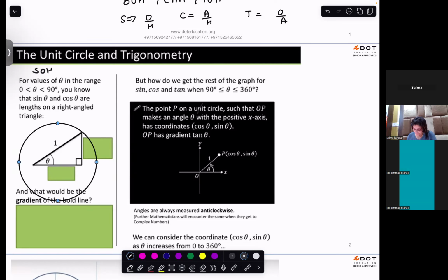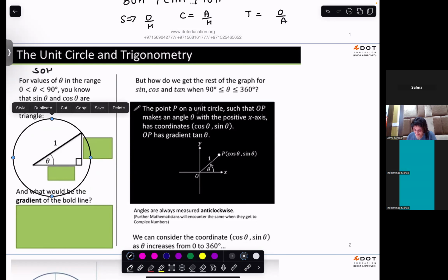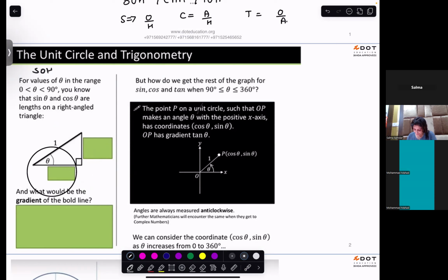Just imagine, this is my theta, this is the center of the circle, and this is up till the circumference C. I say my radius of the circle is OC.